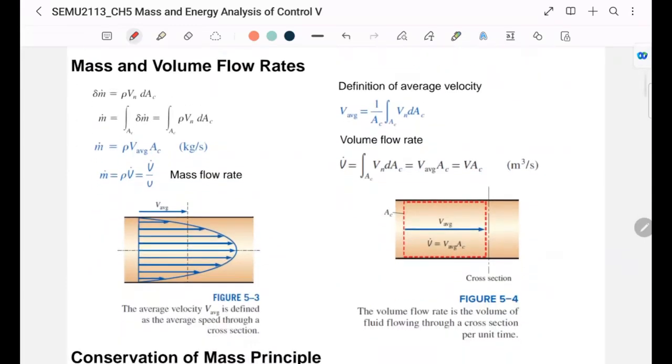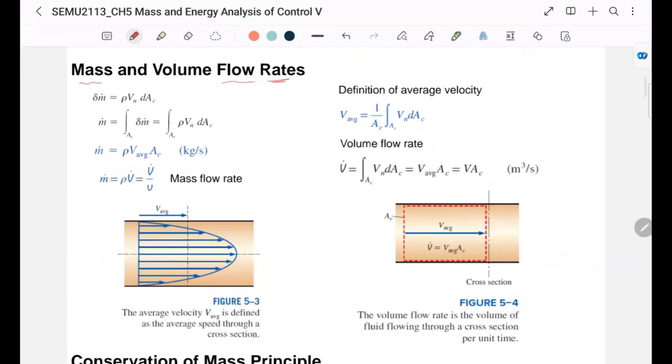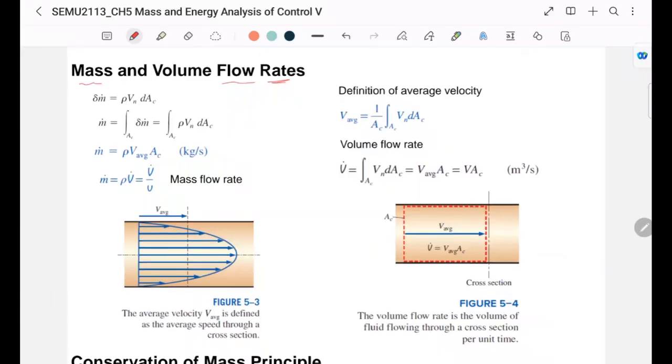And how do we define mass when it's moving? For sure, we're talking about rates, because then it's the mass flow rate. Mass is not stationary anymore. So the way we define it, the mass flow rate is through this equation.